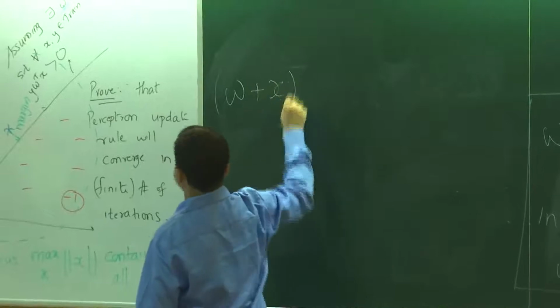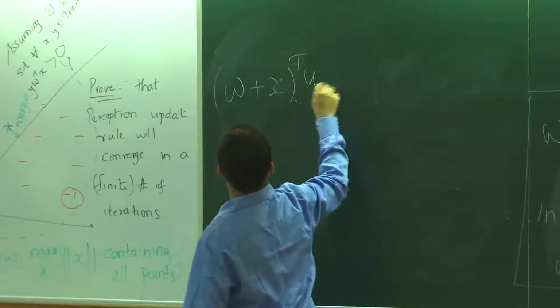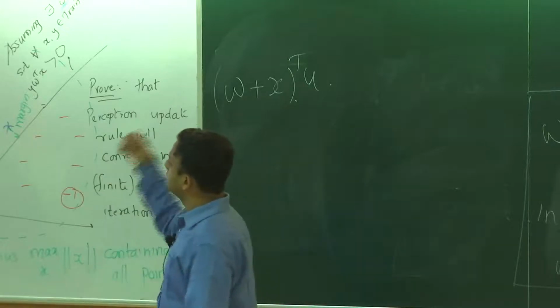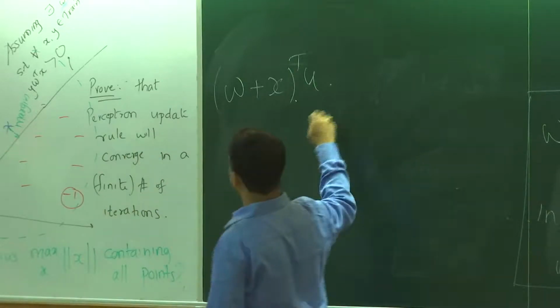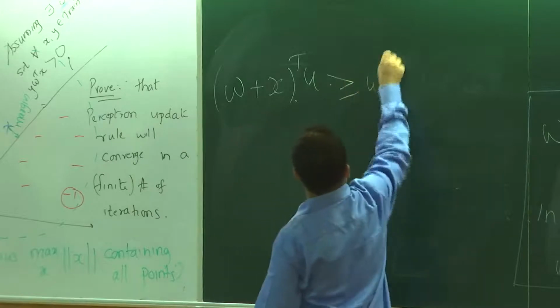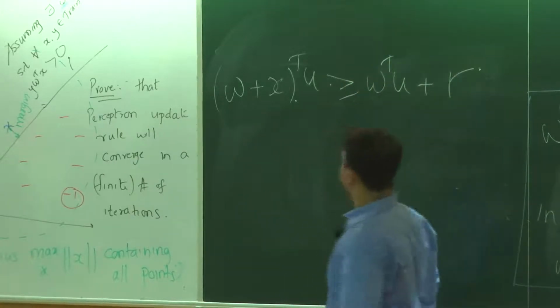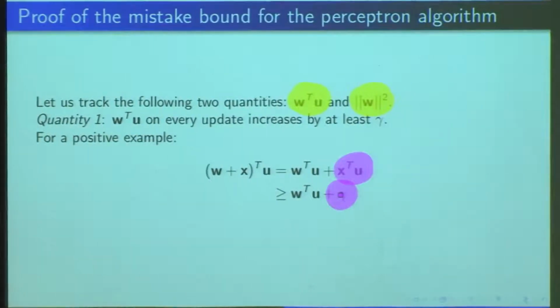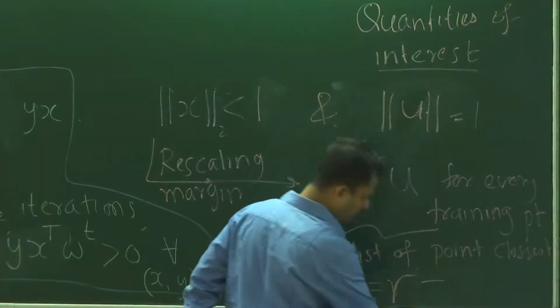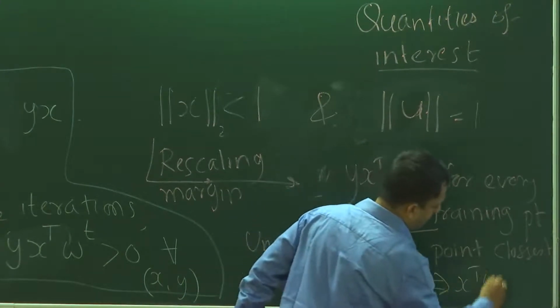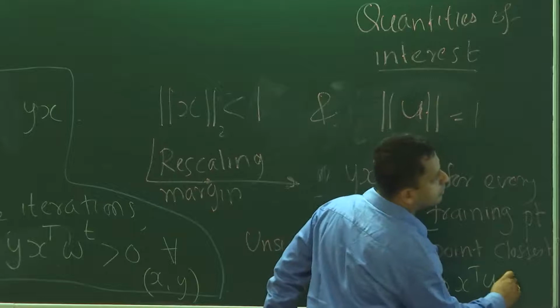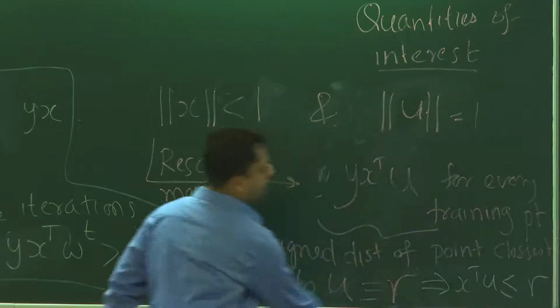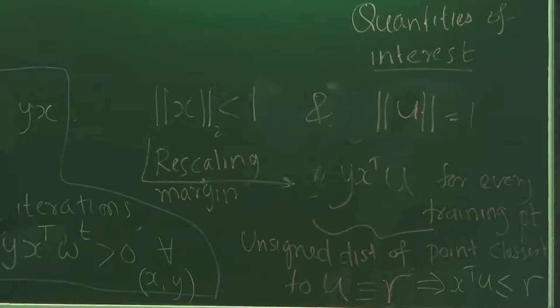When you do w plus x transpose u, which is the dot product after update, as you can see on the board, this is greater than or equal to w transpose u plus the margin, right? This x transpose u is bounded by gamma. y is plus or minus 1, so the bound will still hold. So this is the first finding.